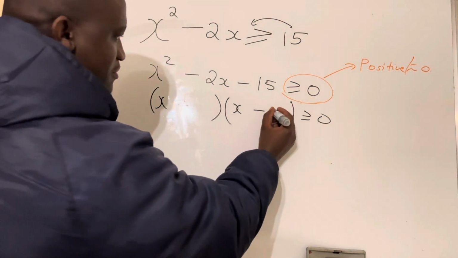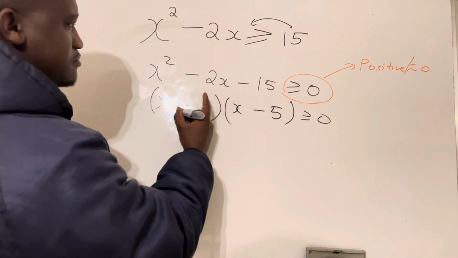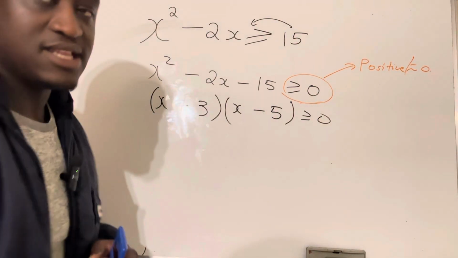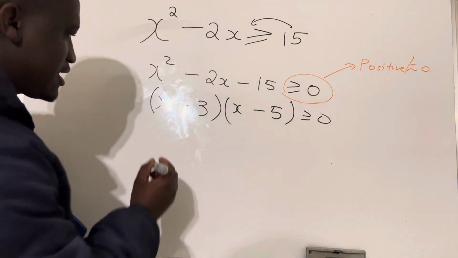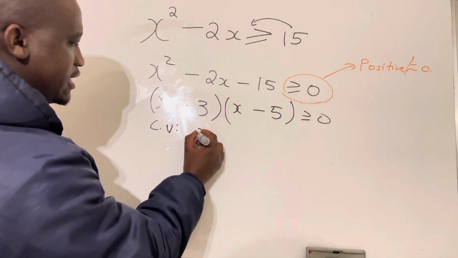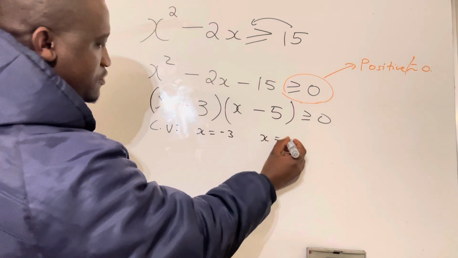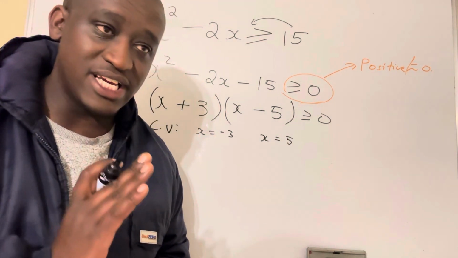So 5 is the bigger number, it must take the negative, and 3. Yes, 5 times 3, that is right, and if you subtract them, they give you the middle term. Now the next thing is to get critical values, which are x equals negative 3, and x equals 5. Keep in mind, this is not the solution. Those are only critical values.